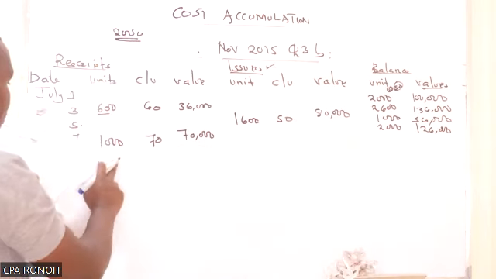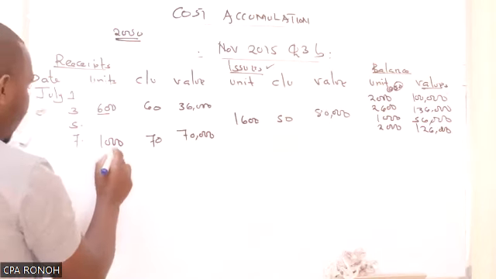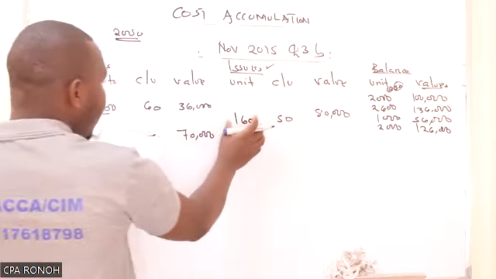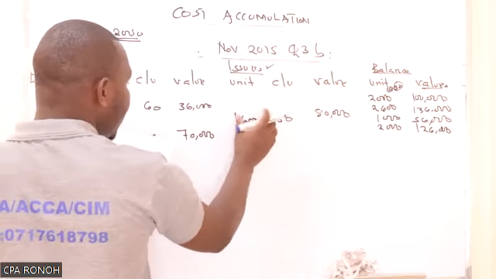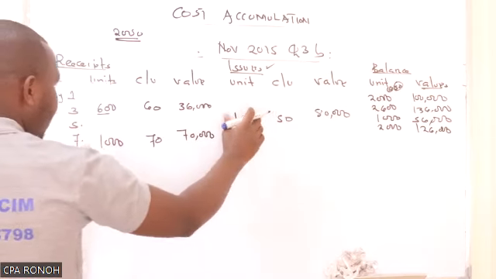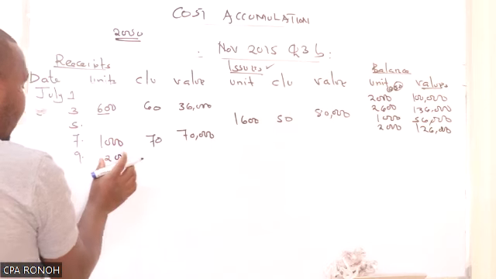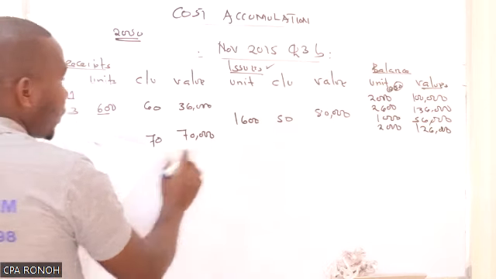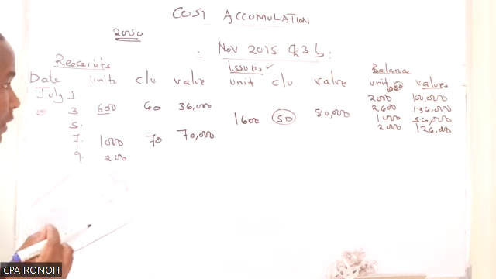So we will have received these stock, how many? 2,000. Earlier we had issued 1,600, but we were told that of this 1,600, 200 is not valid or not up to standard, so they return it back. So we receive here 200.